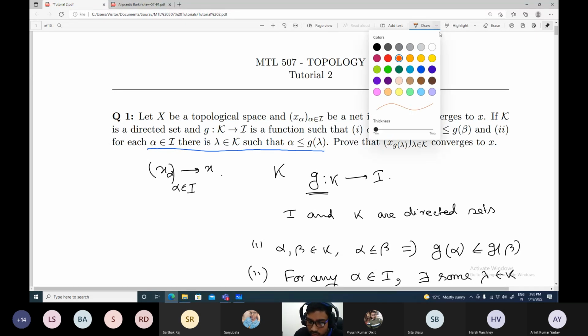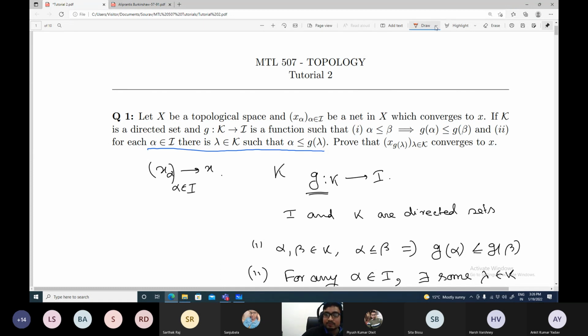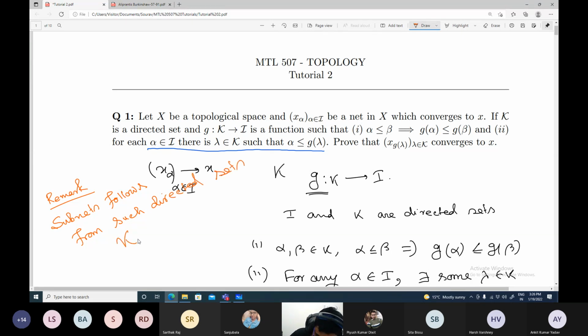Since sir told you we do not need subnets for this course, I just give a remark that subnets follow from such a directed set K. But for the case of subnets, we have to take this K to be a subset of I. Okay.